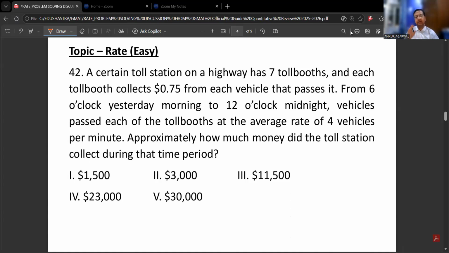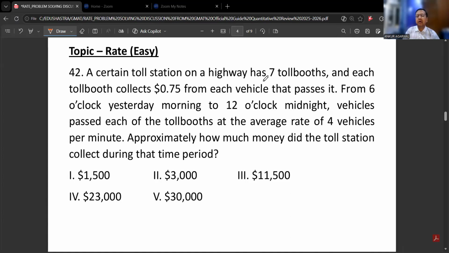Every vehicle is paying $0.75 from 6 o'clock yesterday morning to 12 o'clock midnight. Vehicles passed each of the toll booths at the average rate of 4 vehicles per minute. So we have to highlight all the things.